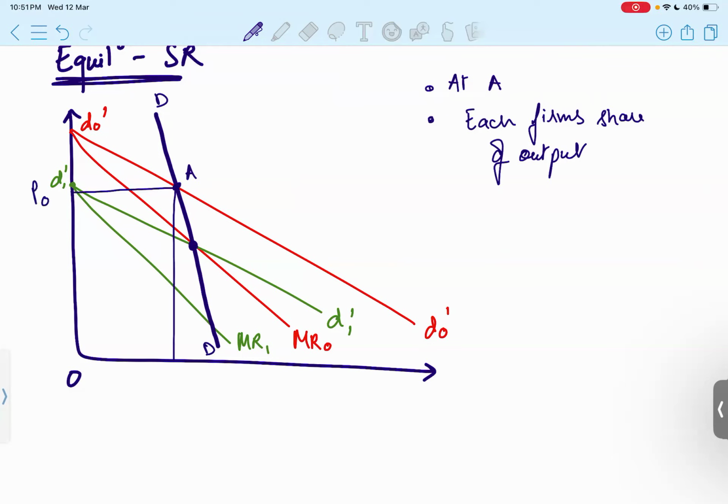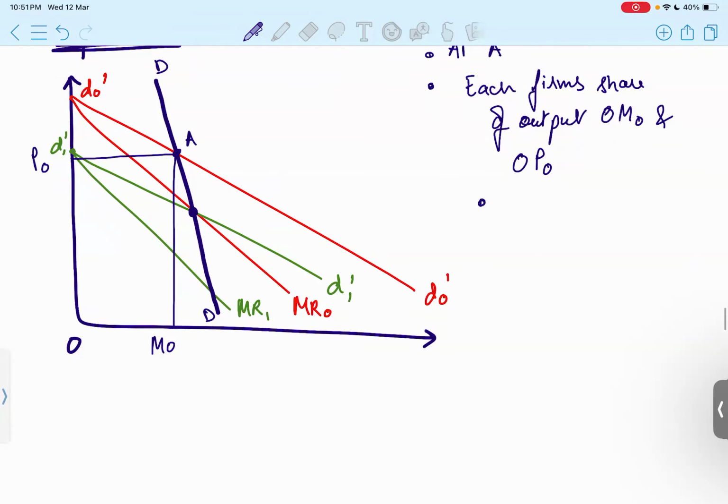Let's say this is P naught. Here it is M naught. So the share would be OM naught for each firm, and this would be at price OP naught. So this is the condition from where we're starting.